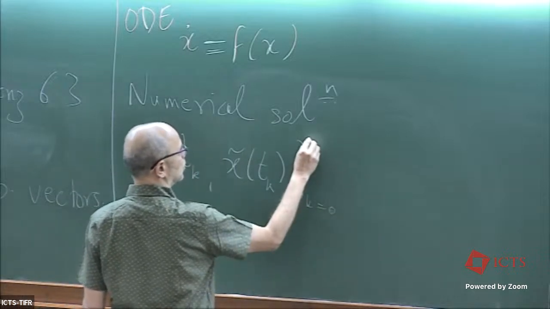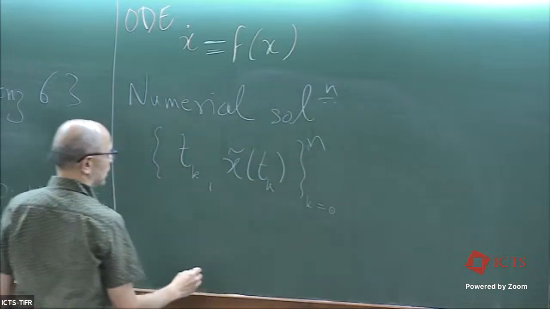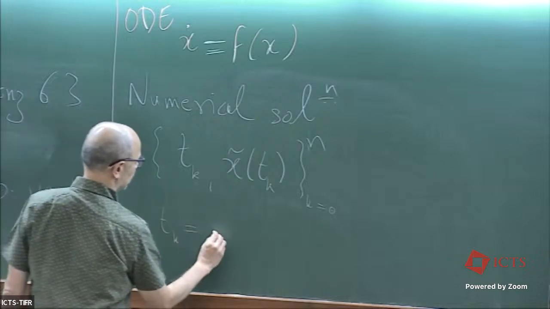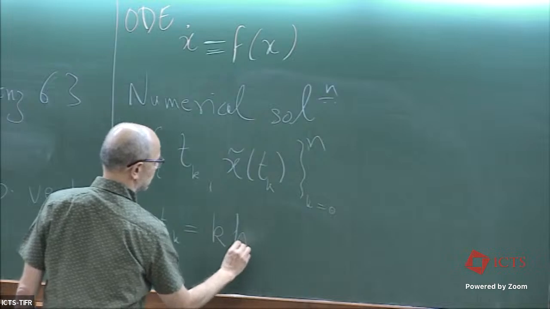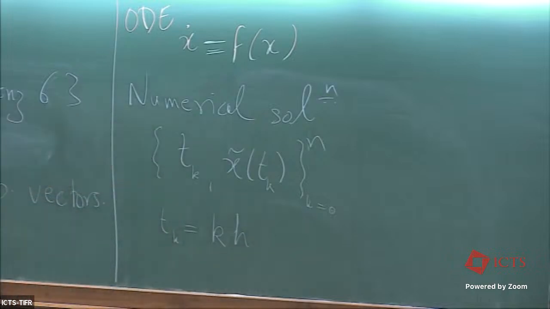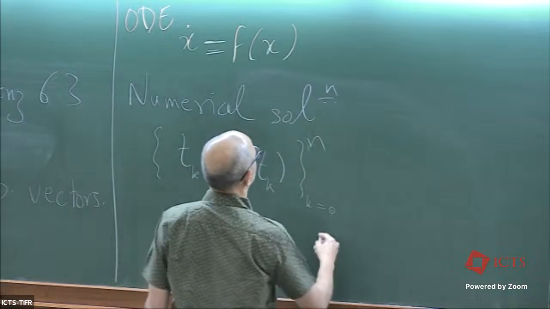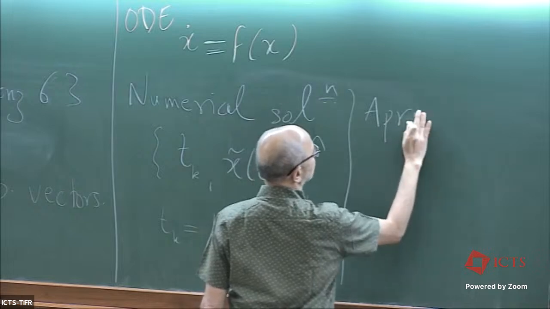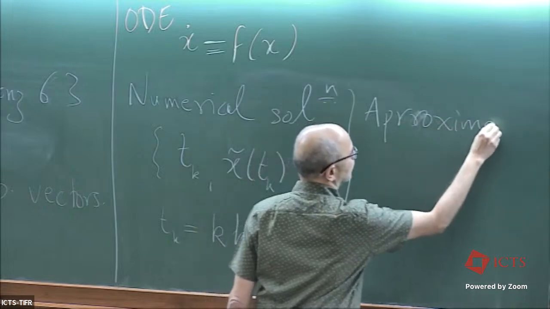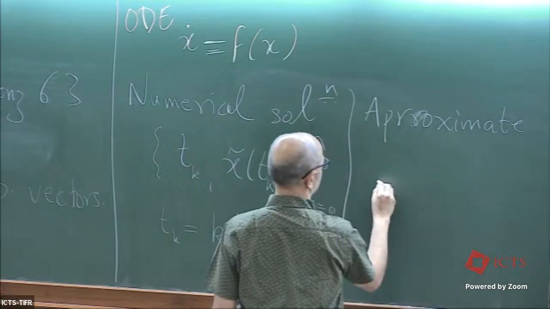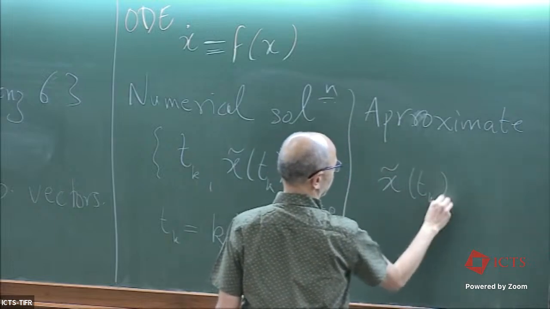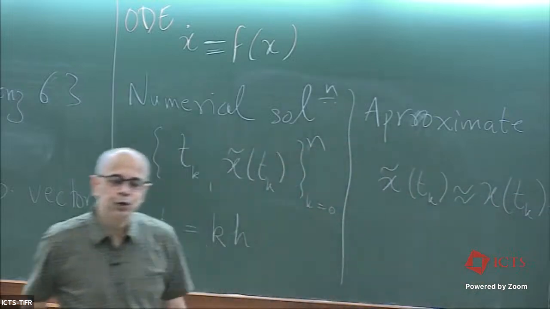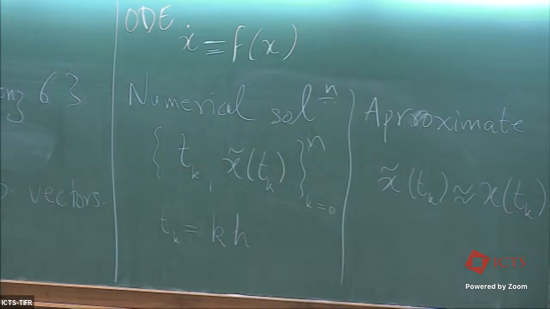So k from 0 to n, and let's say t_k equal to k times h. So this is supposed to approximate the true solution to the differential equation, right?